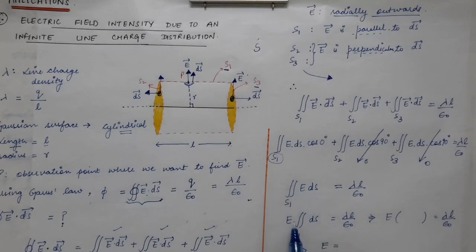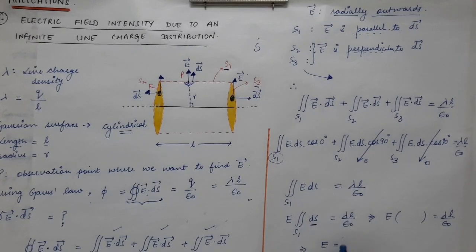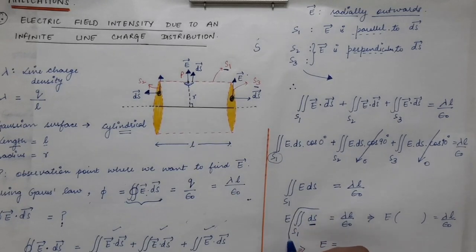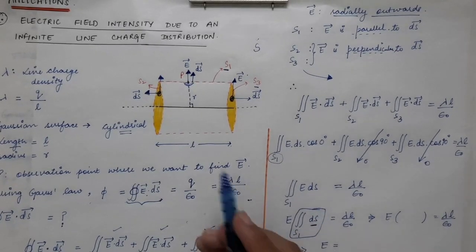So E can be taken outside because it is constant in the integration. The integration will be just on the small area element, and this integration is over the curved surface.